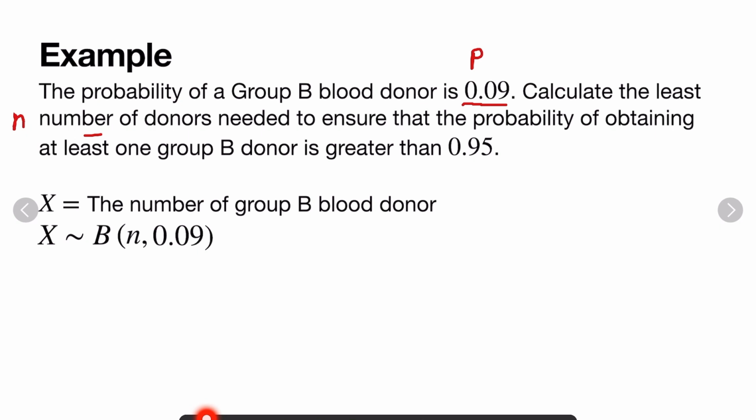Probability of obtaining at least one group B donor. Okay, it means that the probability of obtaining at least one group B, X at least means X is greater than or equals to 1, is greater than 0.95. Read. Okay, every single time I suruh you, baca, baca dan baca.